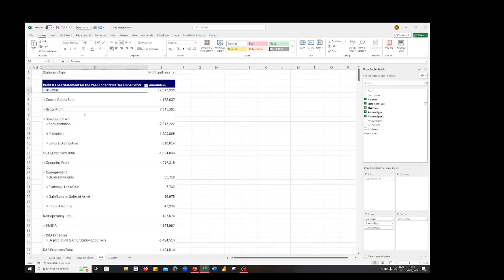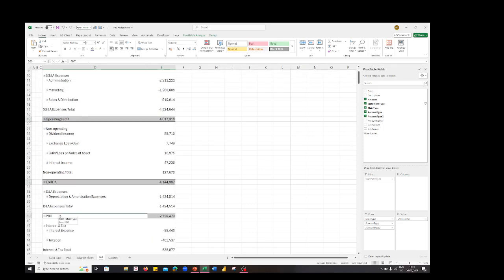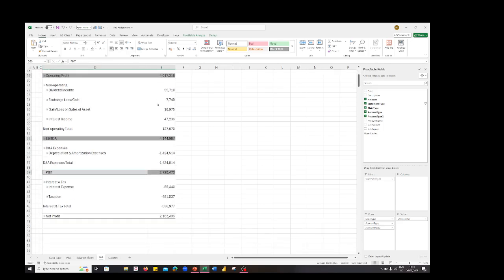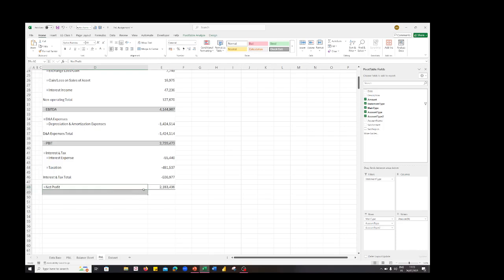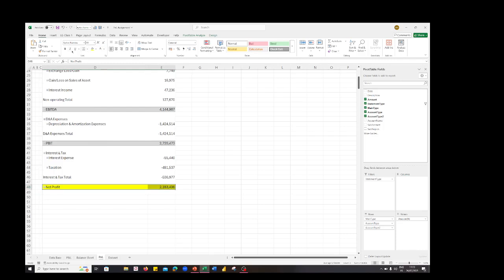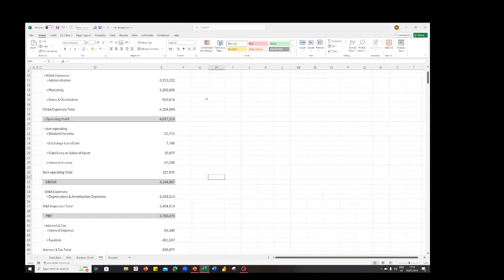This as well, this as well. Now we can format it a little bit like this. And this net profit can be in yellow. Great. And make it bigger. Great.